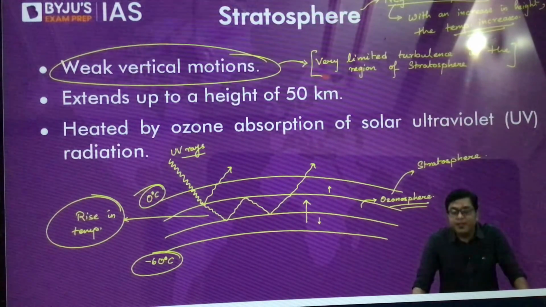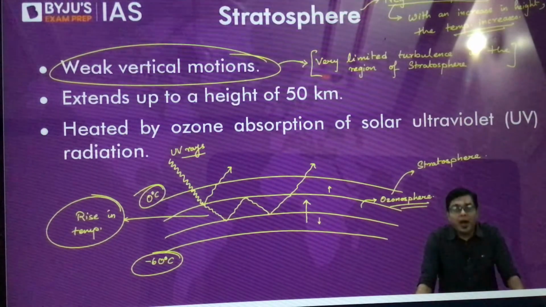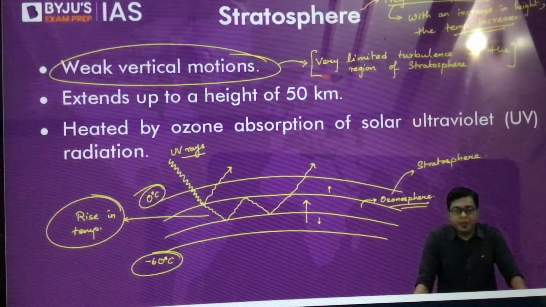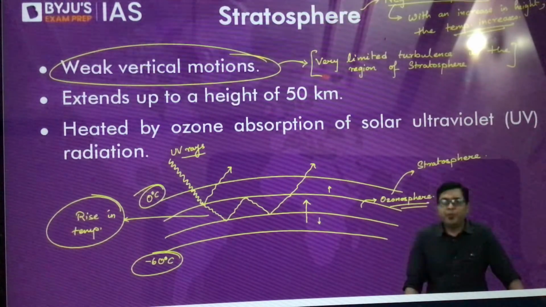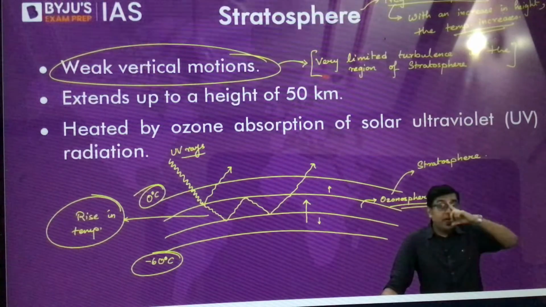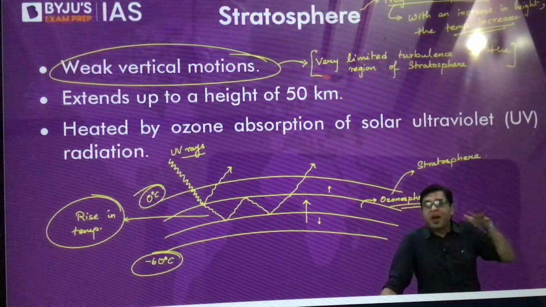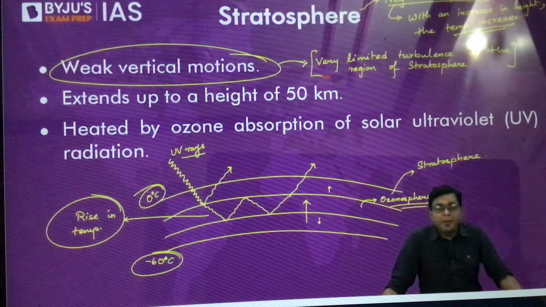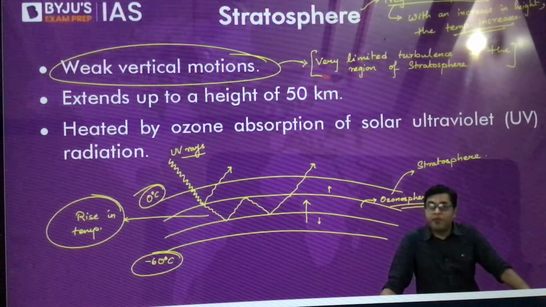This is the reason why, when we talk about larger jetliners, larger commercial planes, not the small ones that you have flying domestically, but the larger ones which generally fly on the international routes, you will find they oftentimes use the stratosphere for flying purpose.